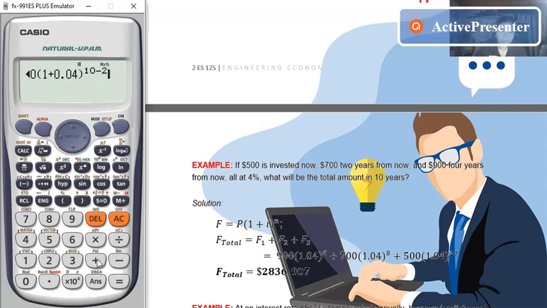And for the last one, for the $500, we have 500 times 1 plus 0.04 raised to 10 years.